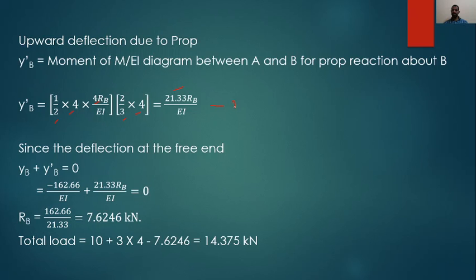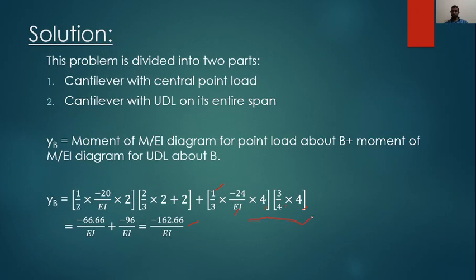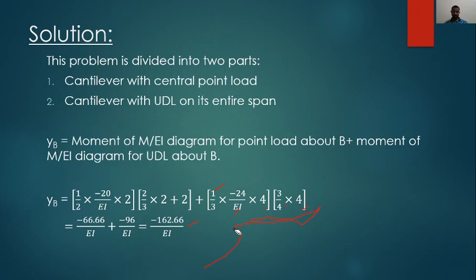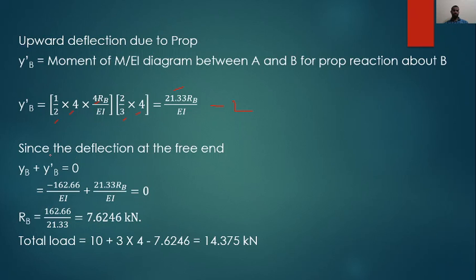Let us say this is 2 and earlier it was 1. Equating 1 and 2 like this, we get RB as 7.62 kilonewton.